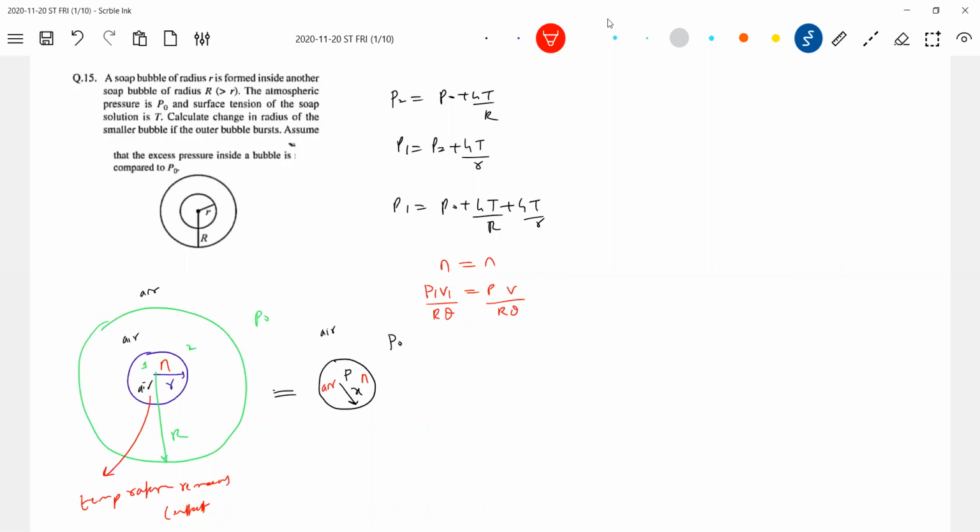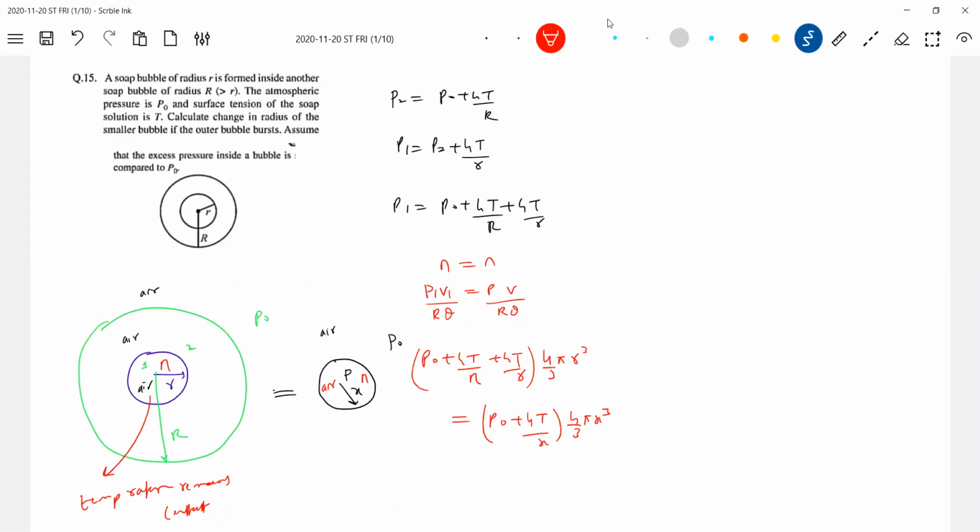R theta will get cancelled. So P1, we have the formula, into the initial volume, 4 by 3 pi r cube. This should be equal to P, where the pressure is P naught plus 4T by X, into 4 by 3 pi X cube.